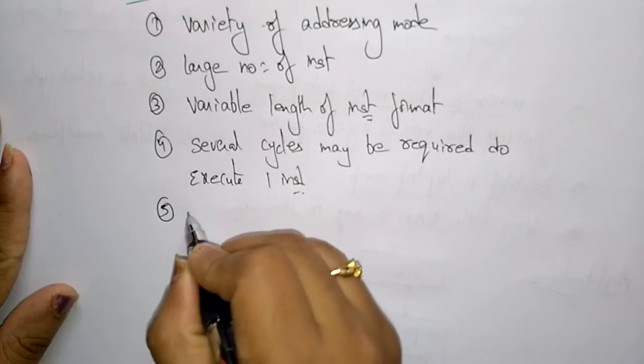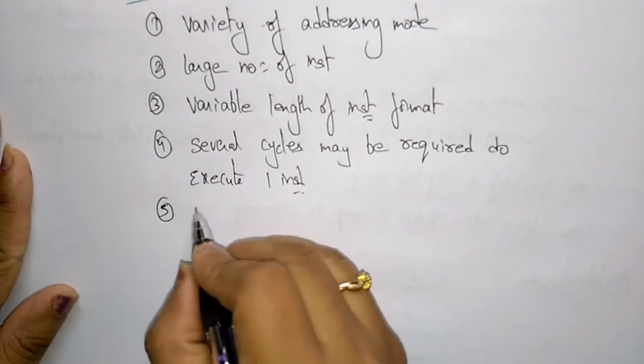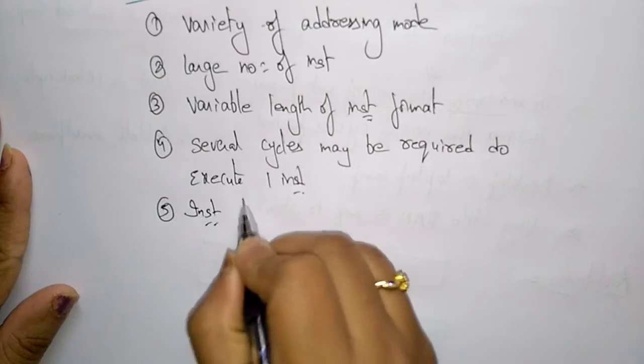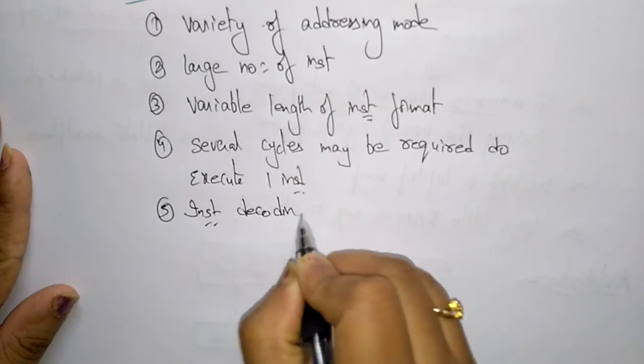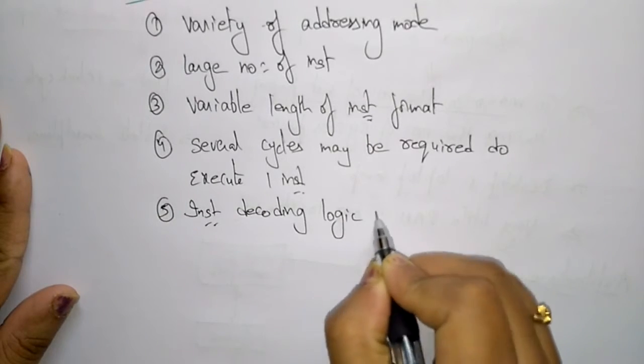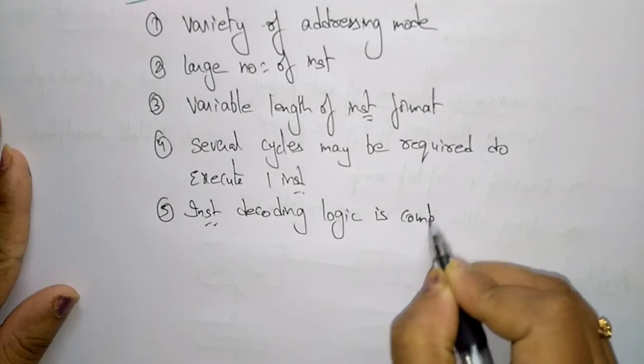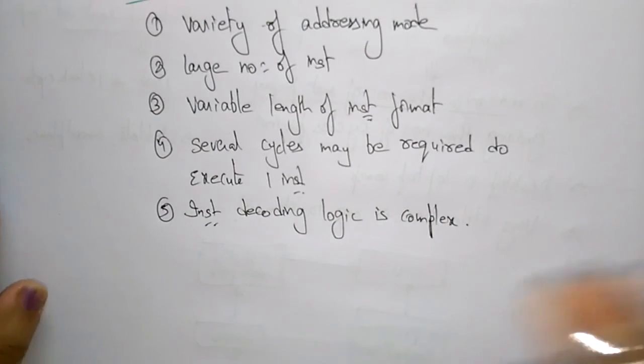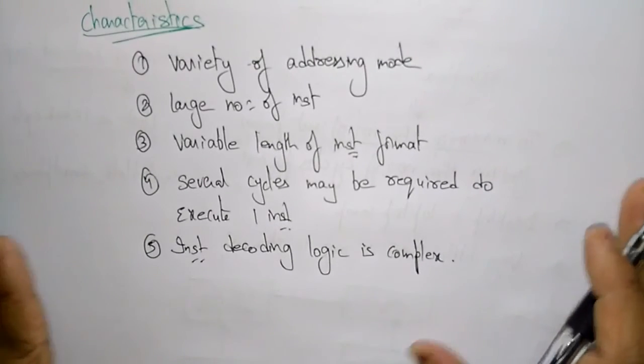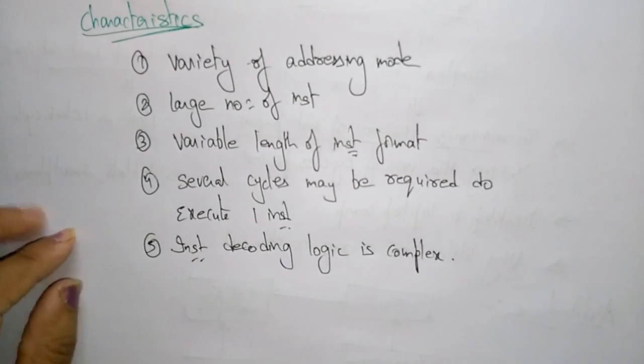And next, instruction decoding logic is complex here. Okay, so these are the characteristics of the CISC processor. Thank you.